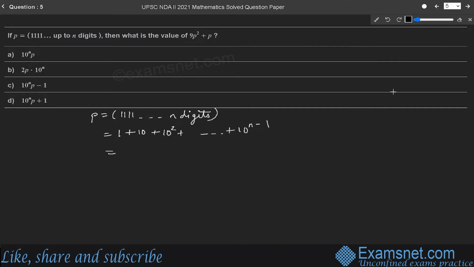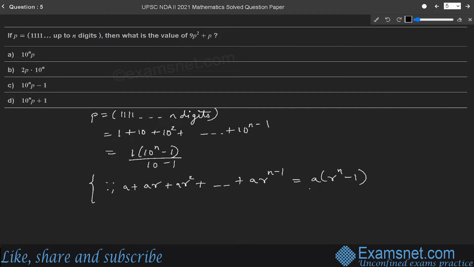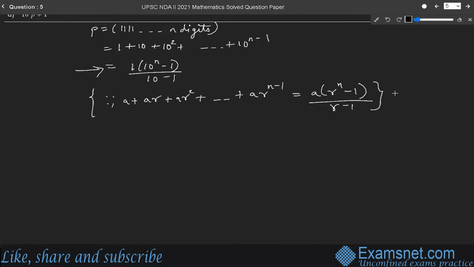We know that whenever a series is in this form, then it is written in the form 1 into 10 to the power n minus 1 upon 10 minus 1, because we know that a plus ar plus ar square plus so on up to ar power n minus 1 is equal to a into r power n minus 1 upon r minus 1.